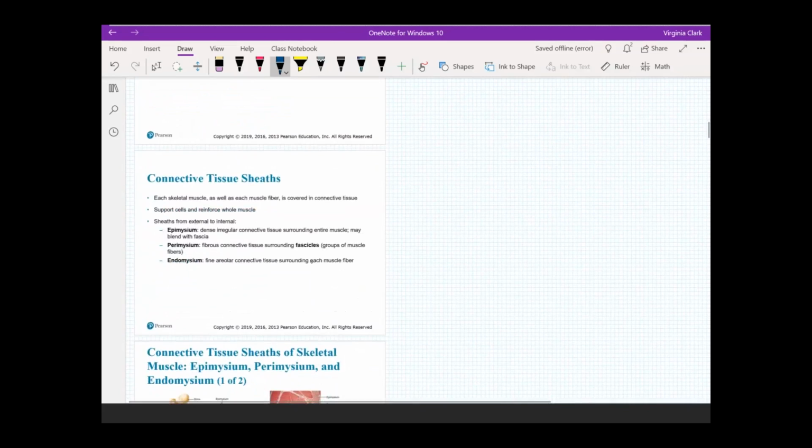The next thing we're going to have is connective tissue sheaths. So basically, this is how we are connecting our muscles to our skeleton. These connective tissue sheaths are essentially the hammock surrounding the actual muscle tissue. So each skeletal muscle, and also each muscle fiber, so every individual muscle cell, is going to be covered in connective tissue.